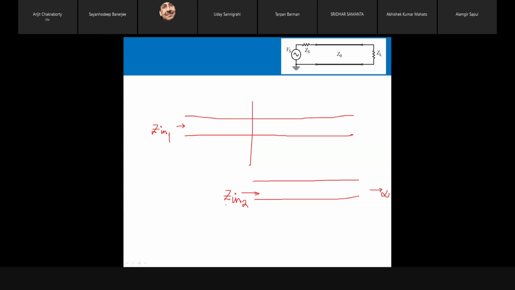They will be same, they will be different? They will be same, sir. Right, the logic is again it is infinite. So it hardly matters what we cut. The line is an infinite line, so input impedance will be same. So it is the input impedance of the transmission line.